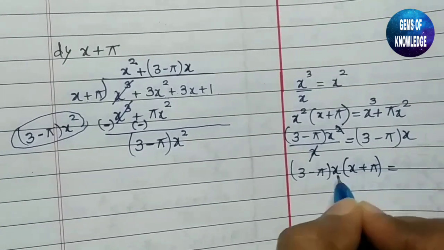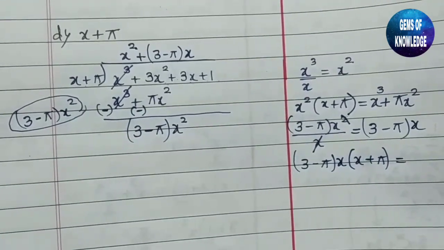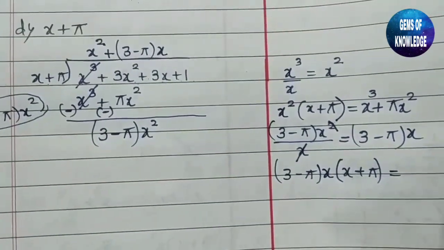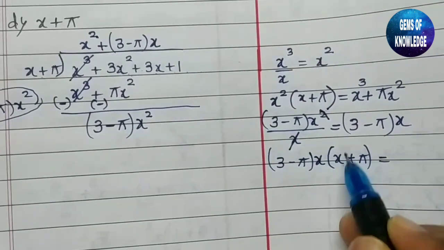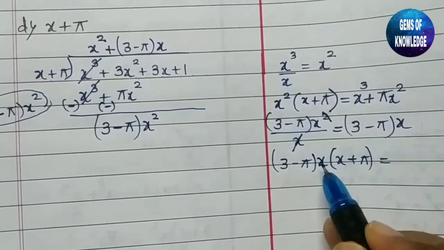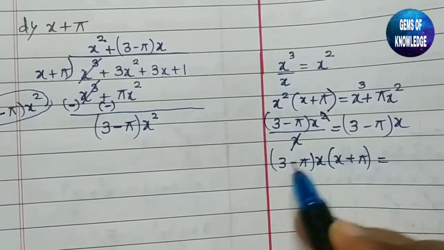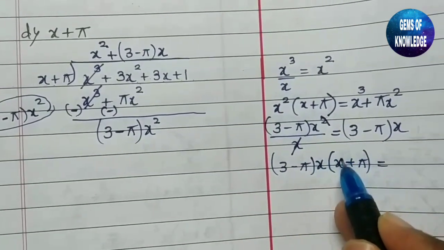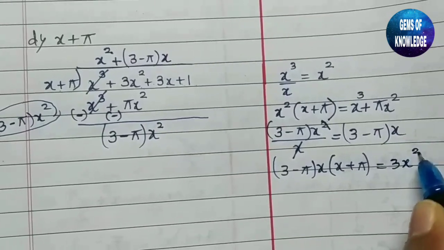So we are getting the answer as, see here, you need to multiply this twice. So here what we have to do is, we need to multiply this 3x as well as this minus pi x with both x and pi. Okay, so 3x into x, we are getting 3x square.